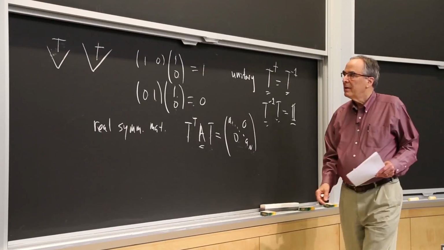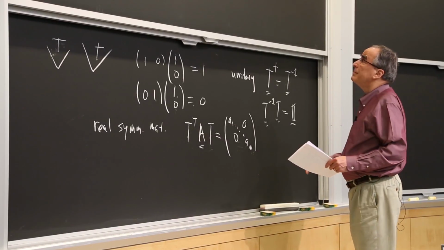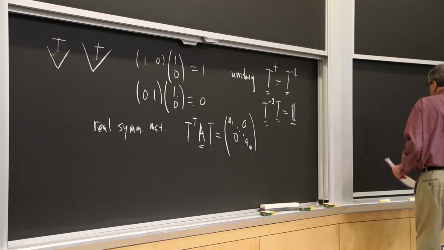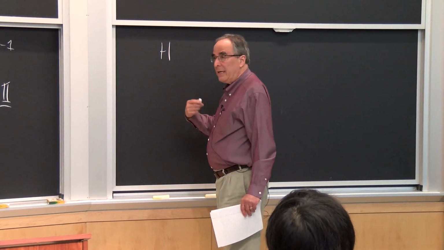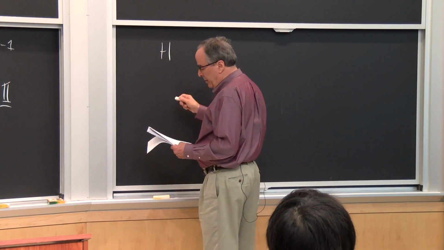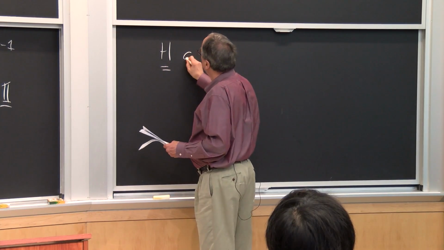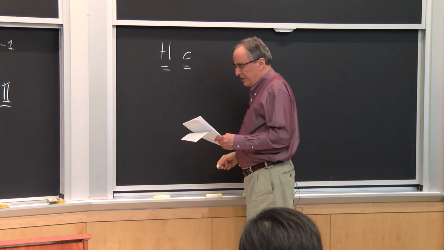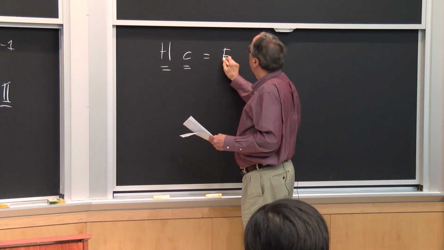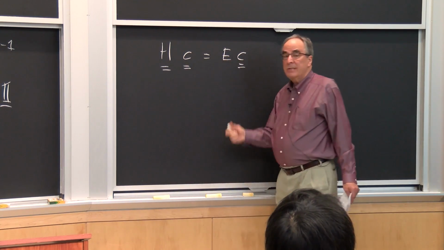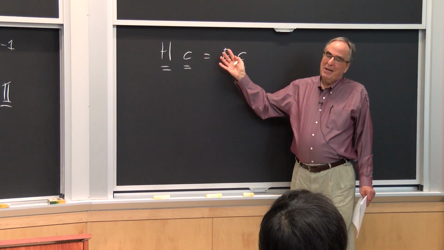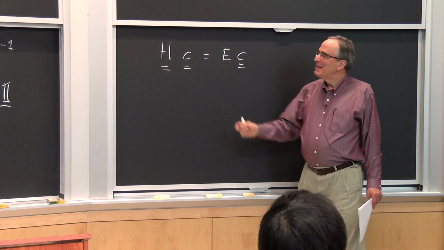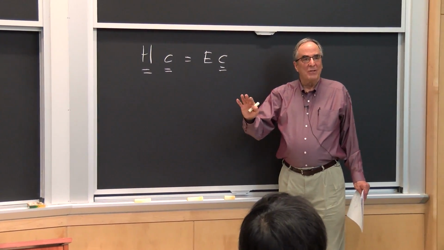Okay, so in the Heisenberg picture, the key equation is the Hamiltonian as a matrix acting on some vector. Okay, this is the analog of the Schrodinger equation, but it's the Heisenberg equation. And mostly it's just notation.